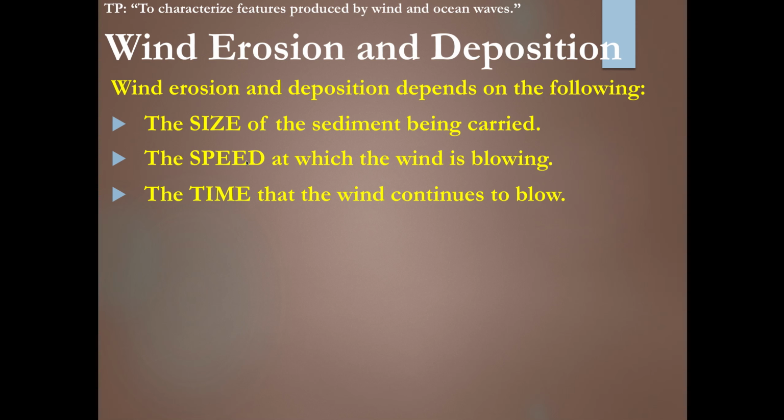Speed, sometimes it can get up to 100 plus miles per hour with hurricanes. Otherwise, usually winds could be calm, could be anywhere between 1 to maybe 10 to 15 miles per hour. Next one is the size of the sediments being carried.